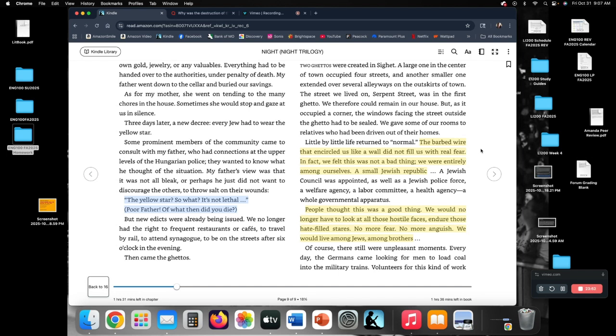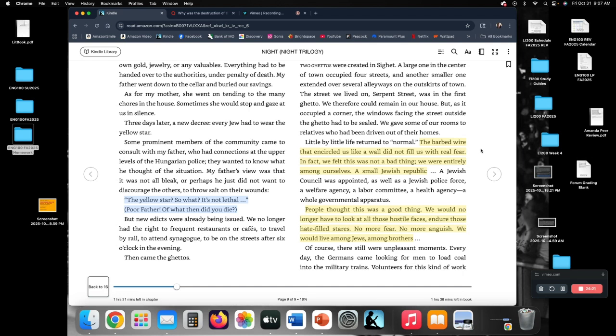For the Jews, it's a safety. Those kinds of things you can look at. Patterns. What each character thinks about what's going on. So if I were going to write a paper for this particular chapter, I've already talked about the Jewish response, what was going on, but you can look at contrasts as well. There's a lot of that in here.